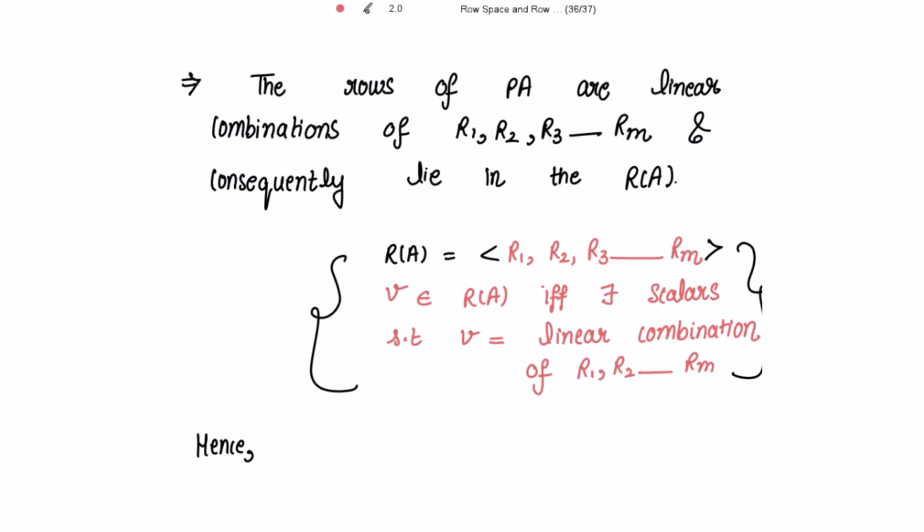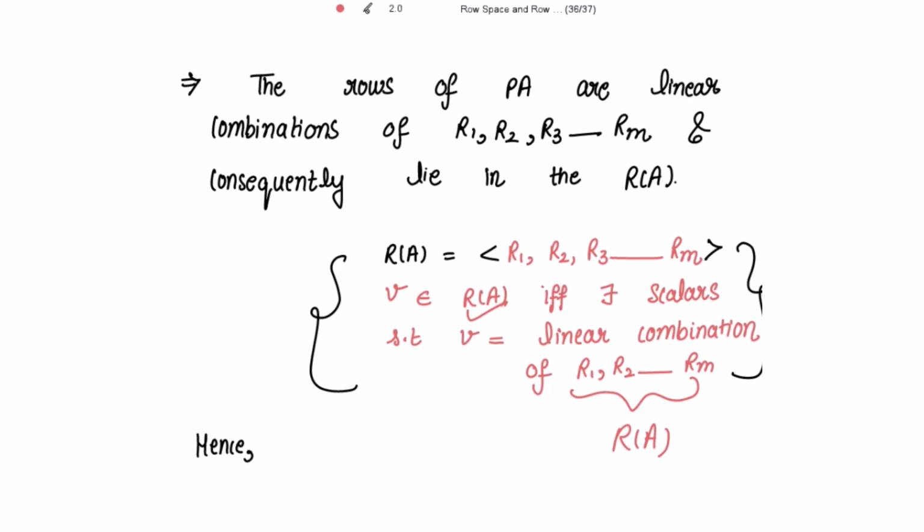Now, it is a property of a generating set that if v is an element belonging to Ra, here Ra is your vector space, then v belongs to this vector space if and only if there exist scalars such that this v is a linear combination of R1, R2, R3, Rm, that is the generators of Ra, right?